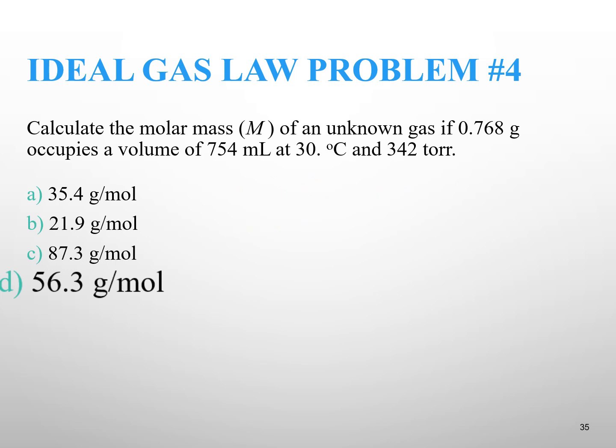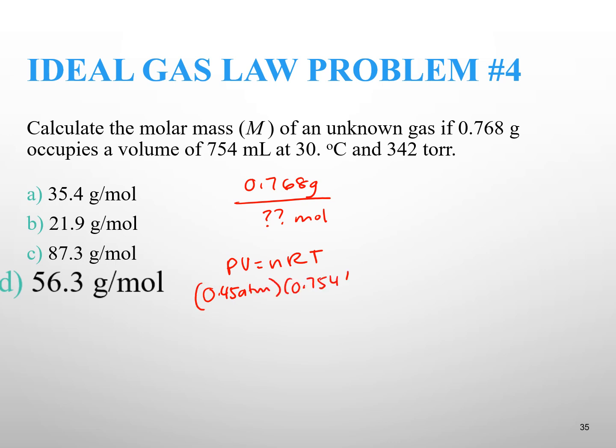We have grams here, so we have to divide by the moles to get molar mass. All we have to do is find the moles of the gas at these conditions. Then we can use PV equals nRT. The pressure is 342 divided by 760 again, so that's 0.45 atm. Our volume was 0.754 liter.